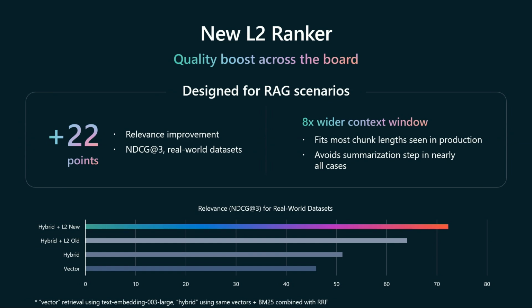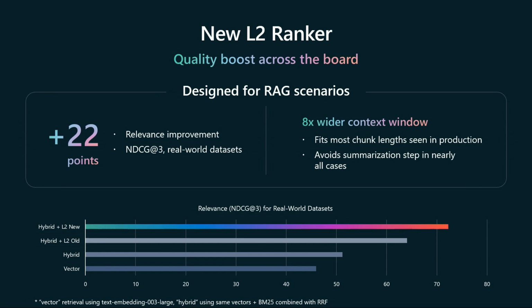We've been using hybrid as a baseline. That at least is a little stronger than the two combined. In general, hybrid retrieval alone is not going to do it, but it represents a good starting point from which we can build. You can see on the screen how much better even our old model was on top of hybrid retrieval, and you can see how far ahead our new model is right now.